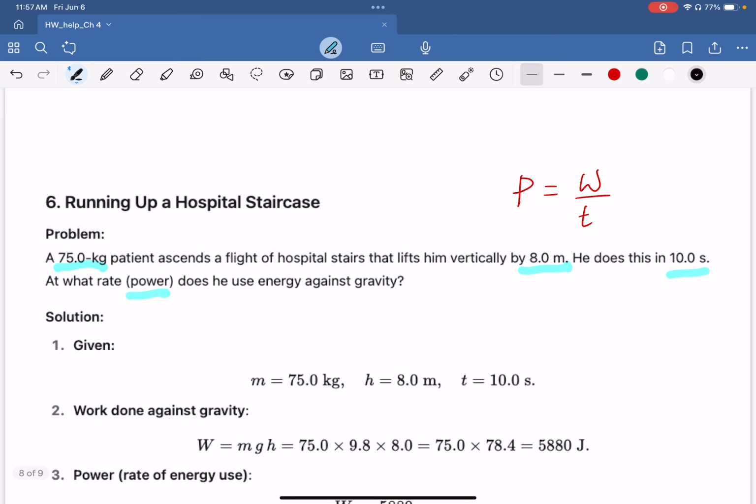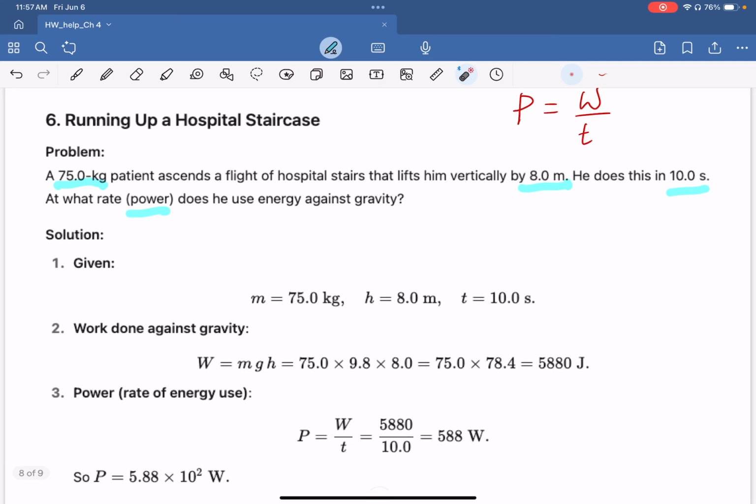So that's why work is calculated here as mass times g times h, all in proper units. That gives us 5,880 joules.